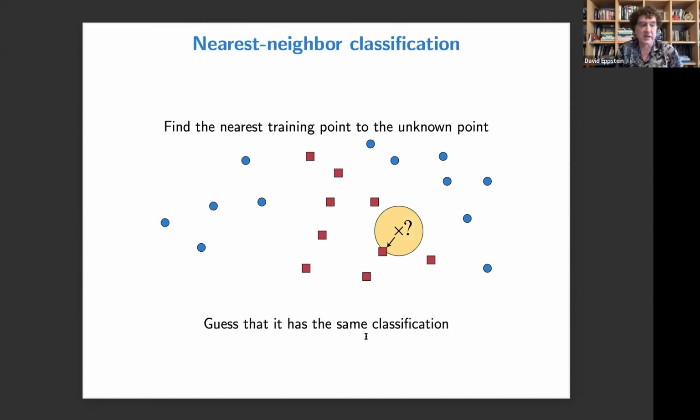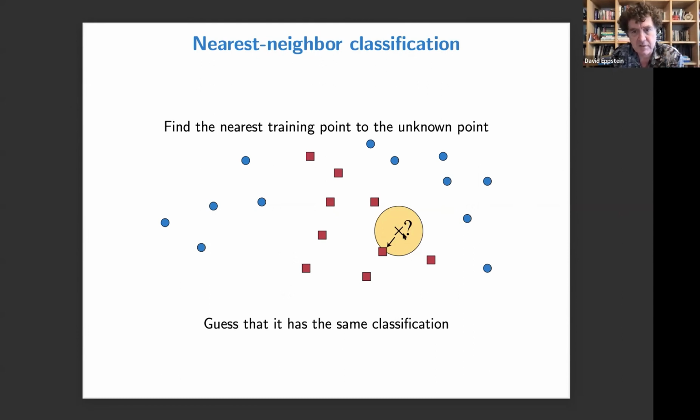Nearest neighbor classification is a very standard way of doing that. Useful when you don't know a lot more about the data beyond just some kind of distance structure. Maybe these are points in some Euclidean space, and that's the setting that I'm going to be looking at, where you're just going to guess that your new point has the same classification as the nearest existing point.